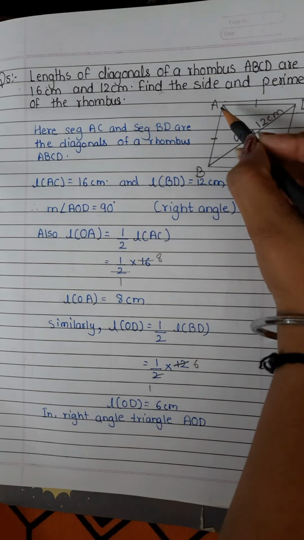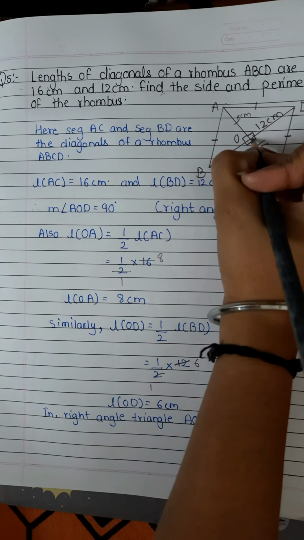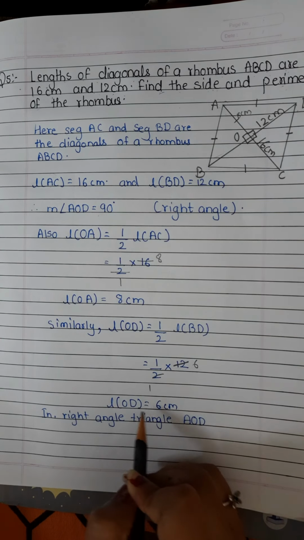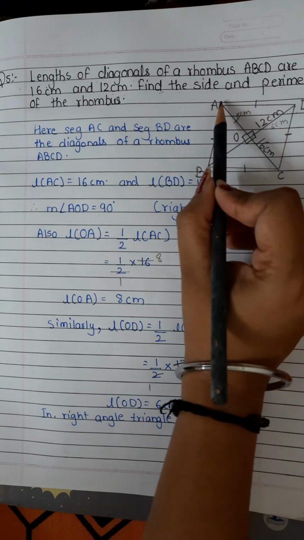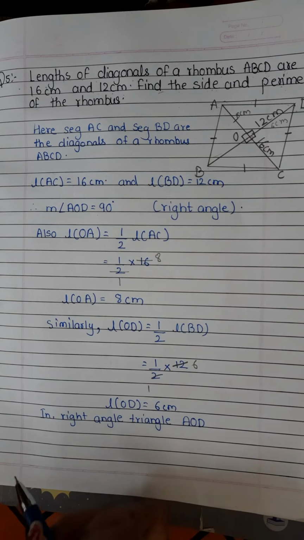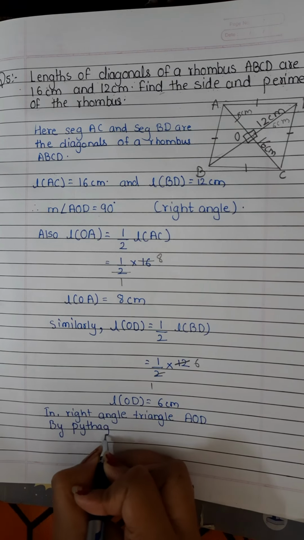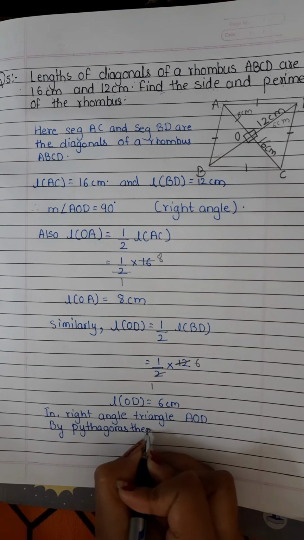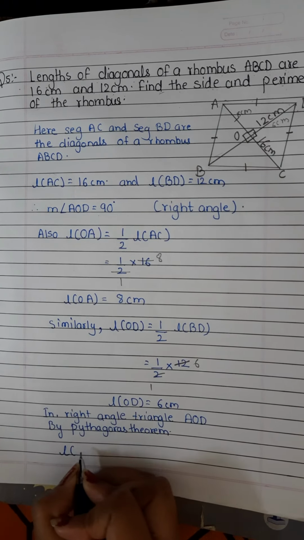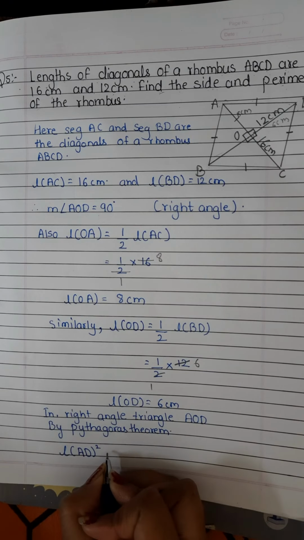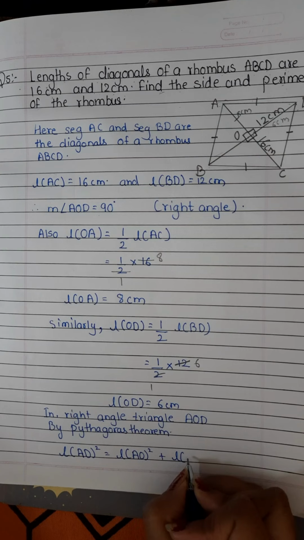The Pythagoras theorem formula is hypotenuse square, that is AD square, equals side square, that is AO square, plus side square, that is OD square.